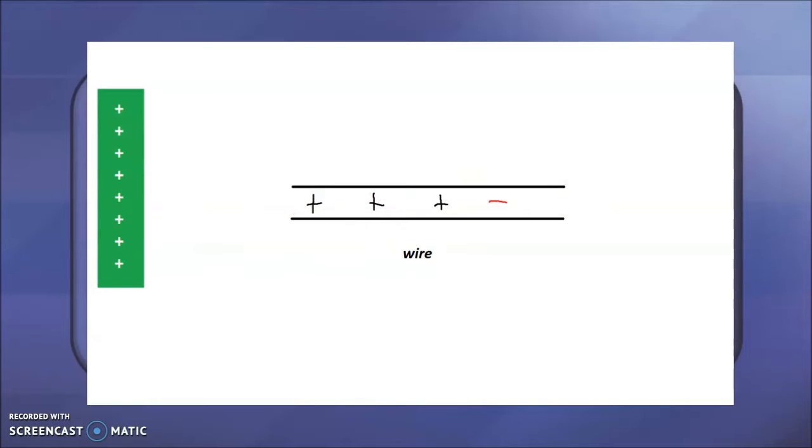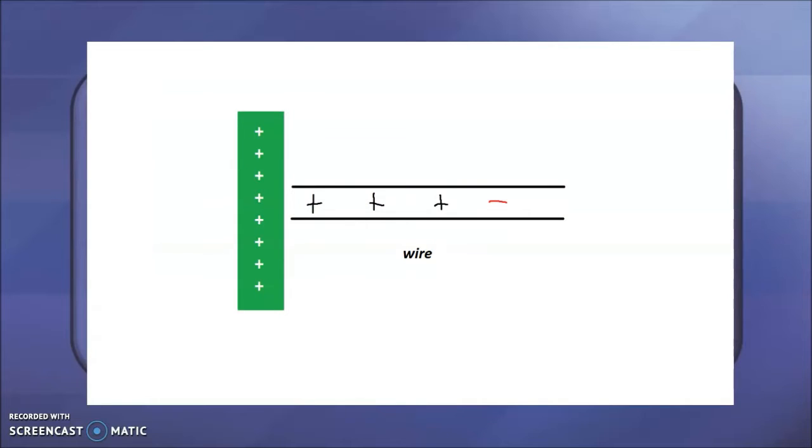But if we bring this rod closer to the wire, what would you expect to happen? Because all of these are positive charges, you would expect this negative charge to move towards a positive charge, because opposite charges are attracted to each other.